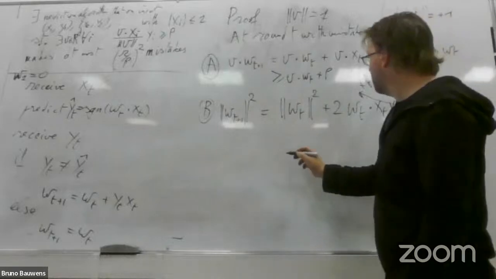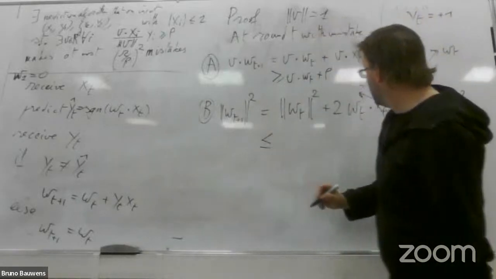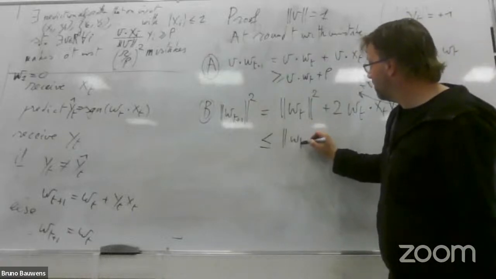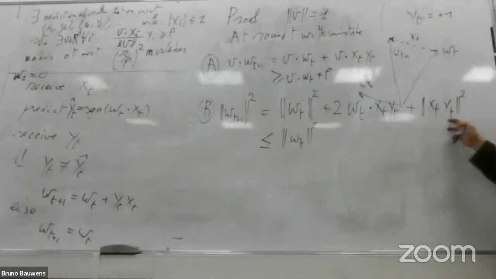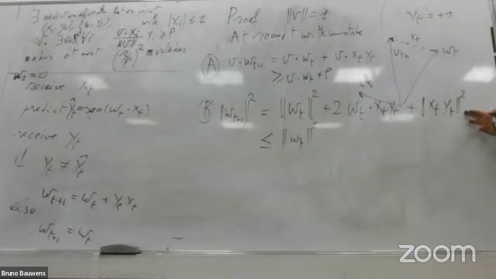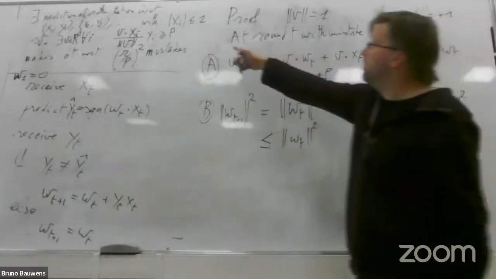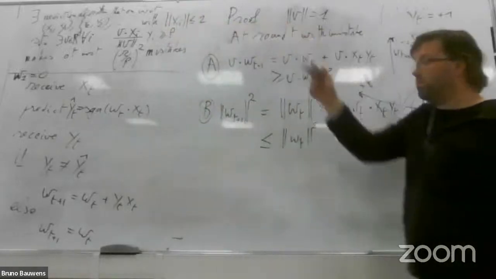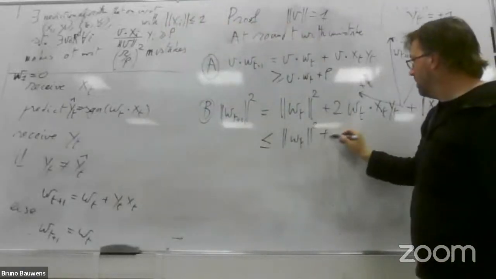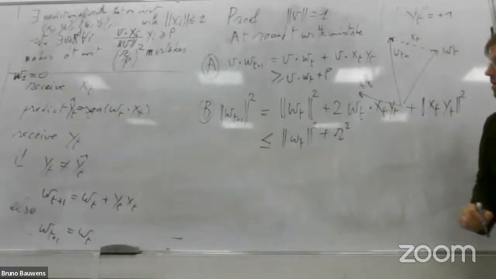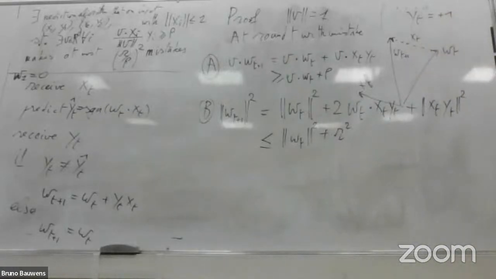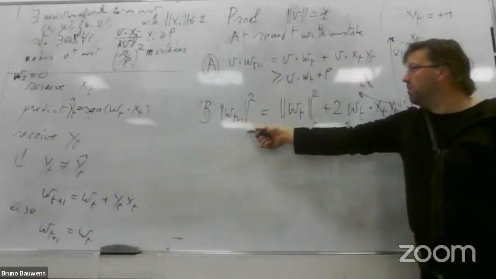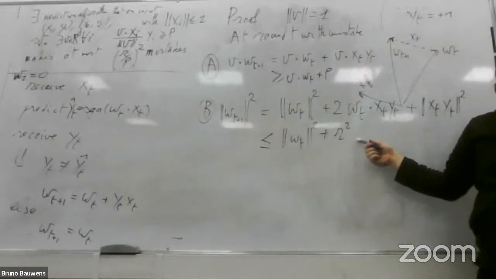So we just drop this term, and we know that the squared norm of xt is at most R squared, because we assume the inputs satisfy this bound. So at each round with a mistake, the squared norm of W increases by at most R squared.